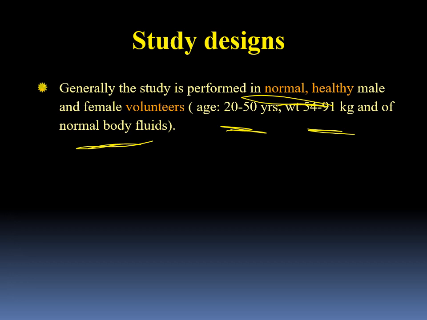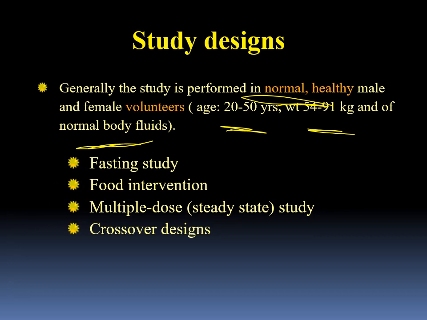They shouldn't have dehydration, they shouldn't have ascites or edema, because all that will affect everything in pharmacokinetics, starting of course from distribution, and this may reflect on absorption and elimination also. We have 4 study designs: the fasting study, food intervention study, multiple dose or steady state study, and the crossover design, and we will take them now one by one in much more detail.